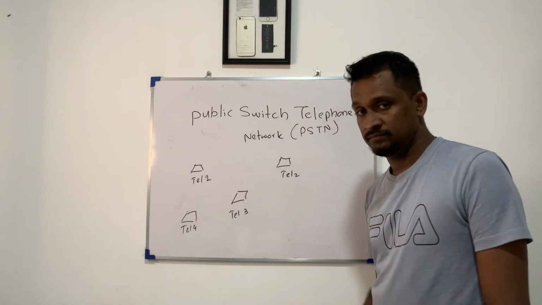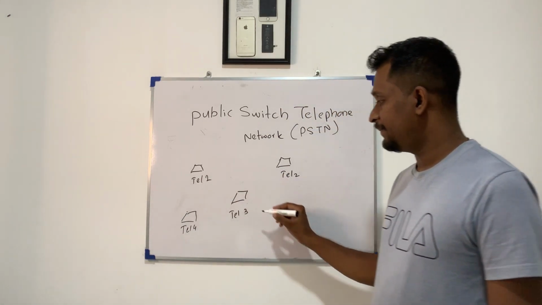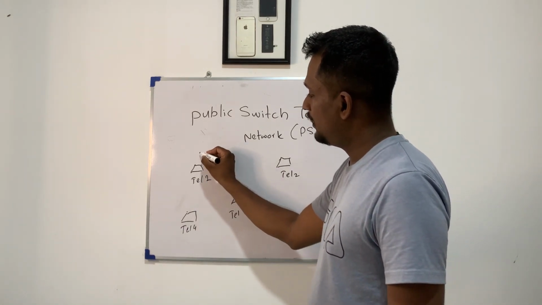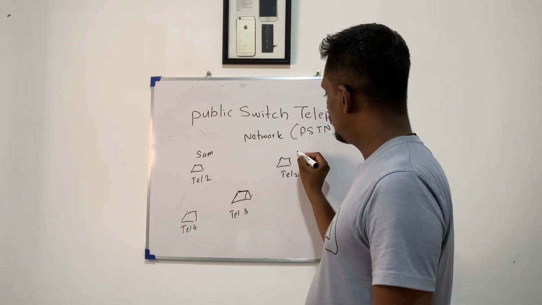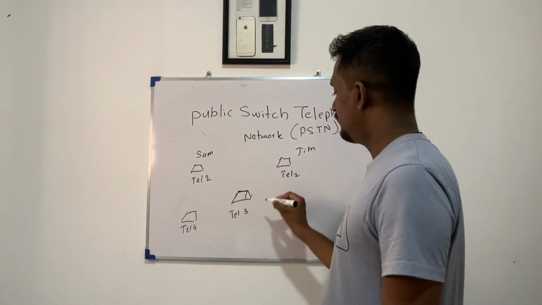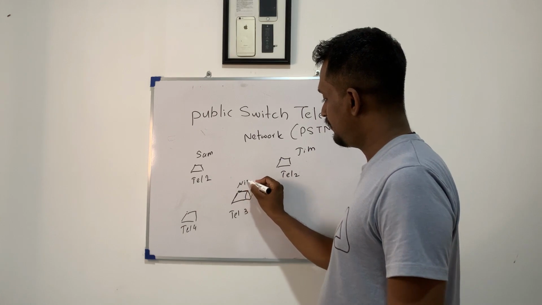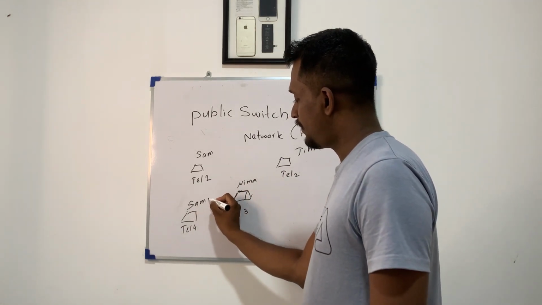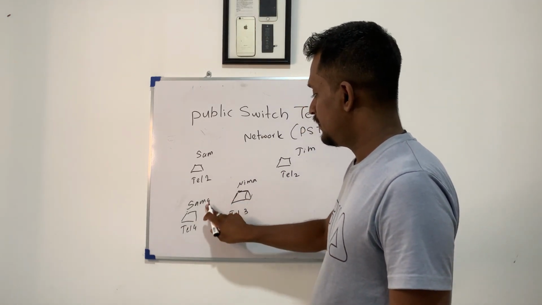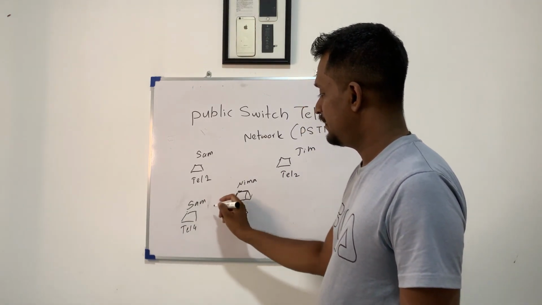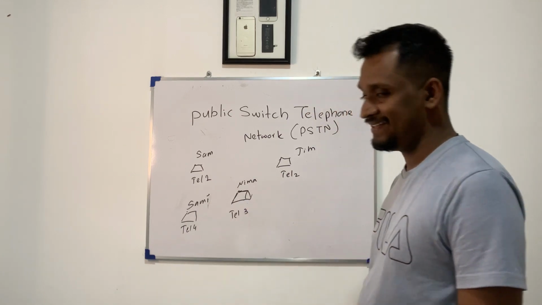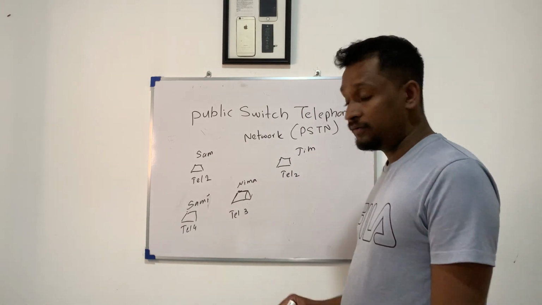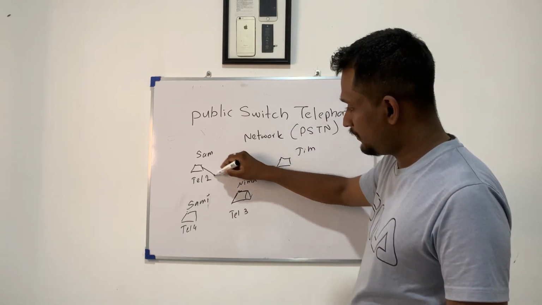Then there are four telephones, used by four people called Sam, Jim, Nima, and Sammy. So there are four persons.